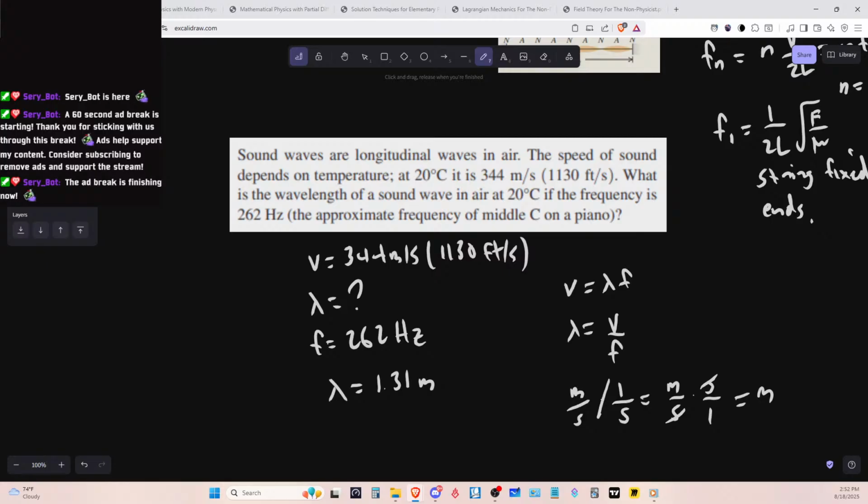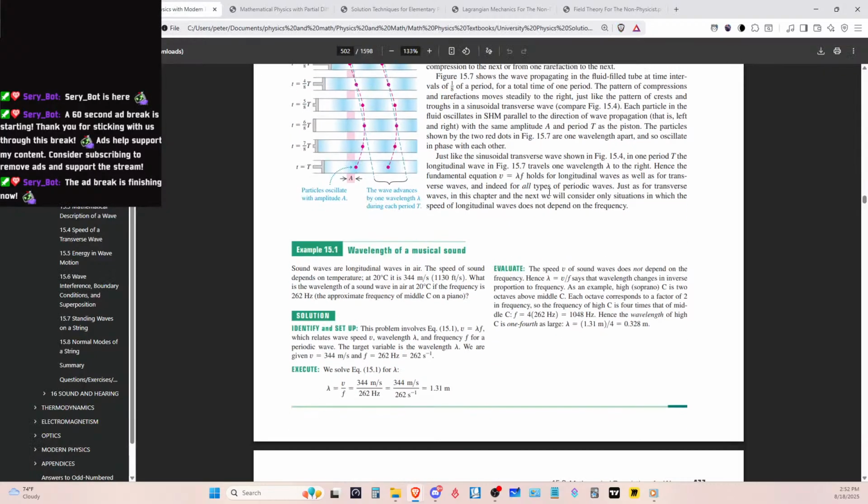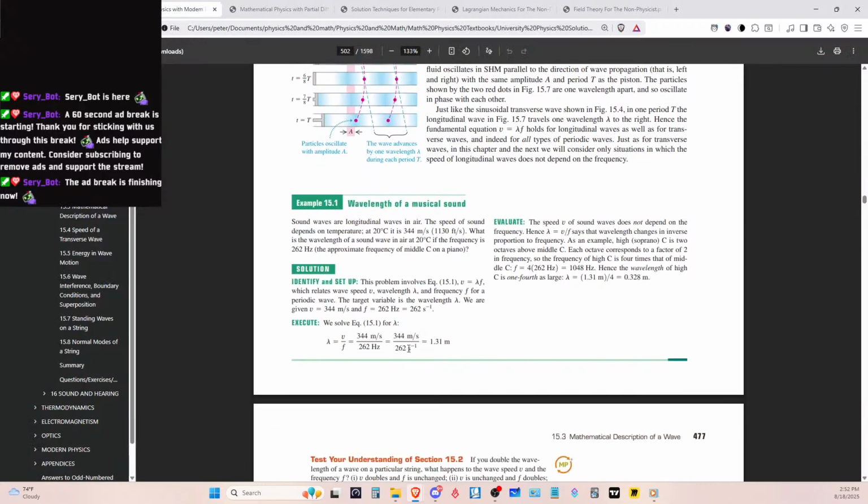Let's take a look at the solution. Yeah, they did it the same way. So whenever we get hertz, we have to remember it's 1 over a second. That makes it much easier to think of the units that way.